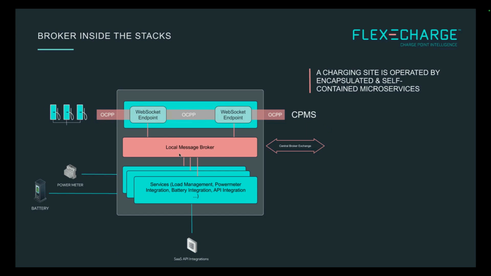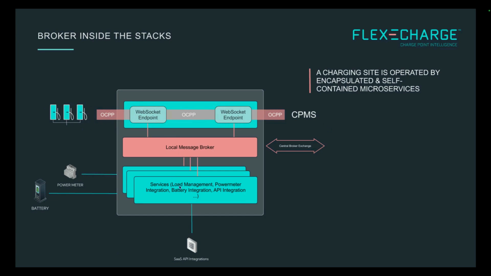So they will publish information, for example, if a charging station sends a status change, the WebSocket endpoint will publish that on the local message broker: this charger has changed the status from available to preparing. Or if a charger sends OCPP meter values, it will send that information on the broker.